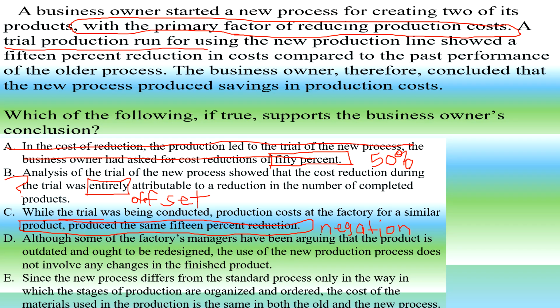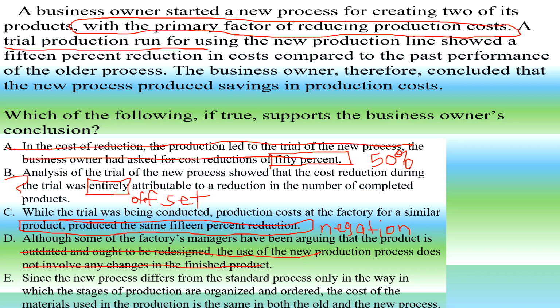Although some of the factory's managers have been arguing that the product is outdated and ought to be redesigned, the use of the new production process does not involve any changes in the finished product. Okay, if there's no finished changes, then this kind of, you want to say that he's saved.